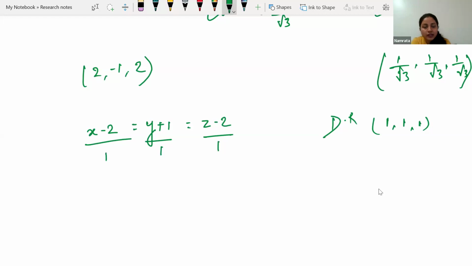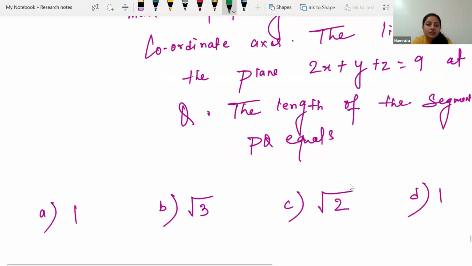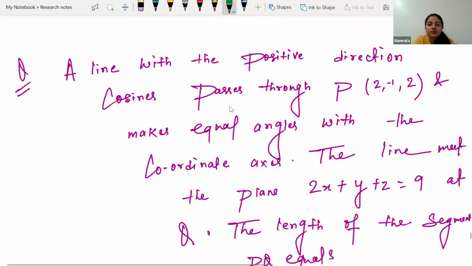This is how our equation of line will look. If we now see what the question says, a line with a positive direction cosine passes through this point and makes equal angles with the coordinate axes. This much we have discussed already. We have constructed the equation of the line by using the given condition.